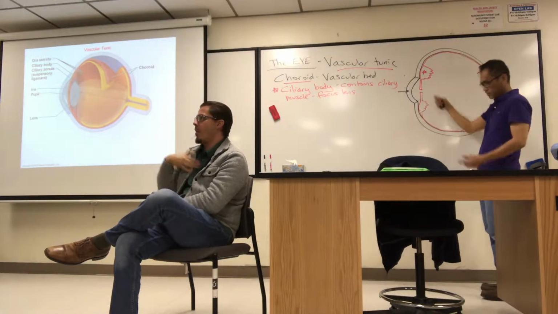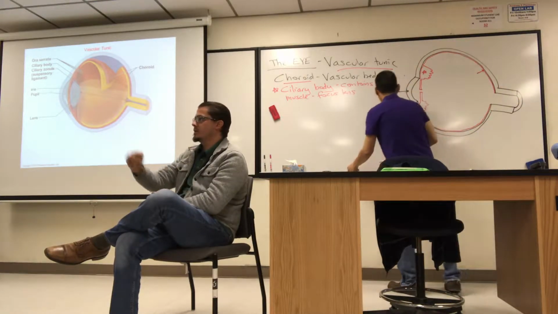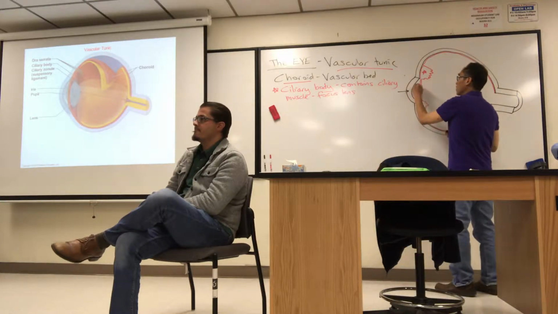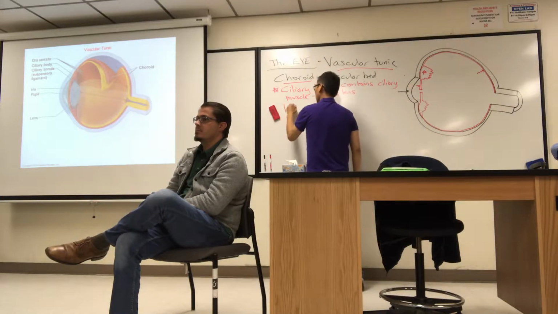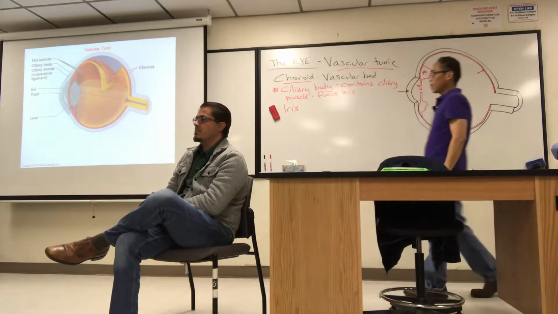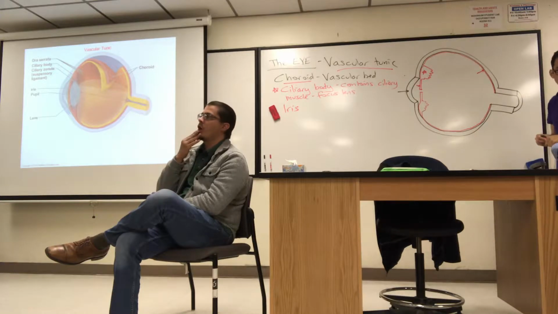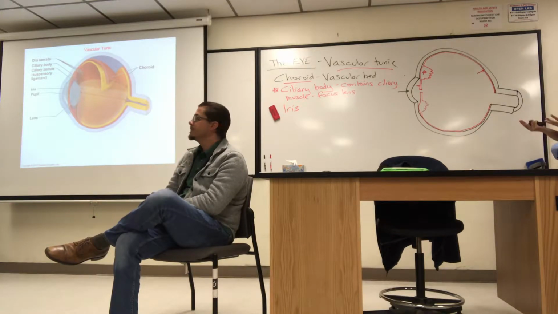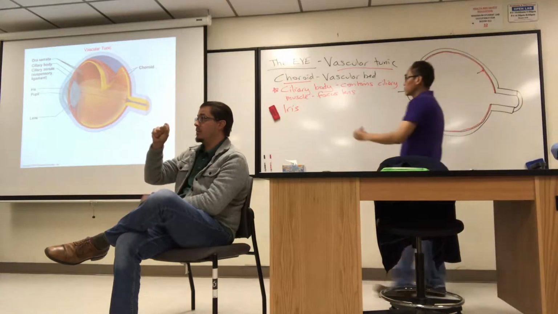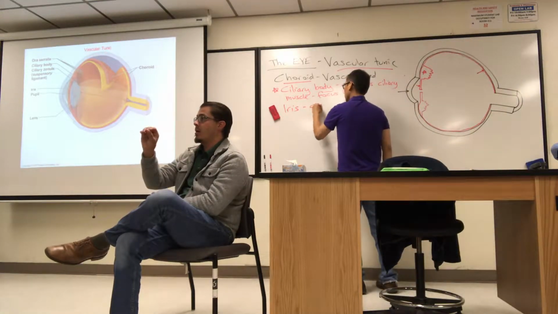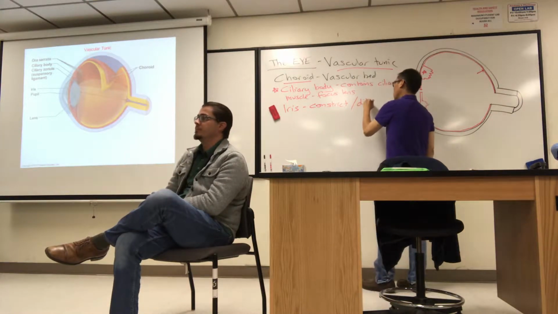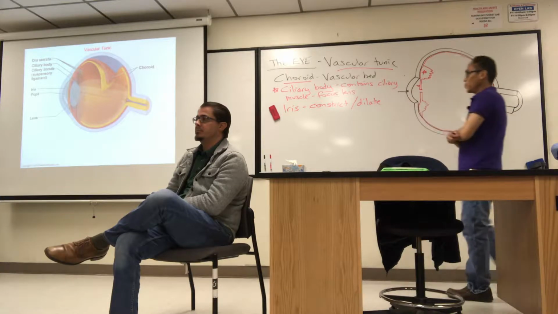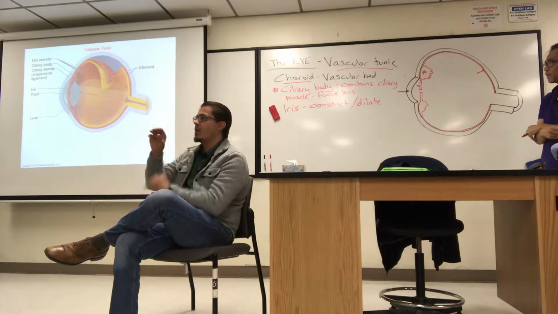This part here is the iris, right there. Colorful iris. Okay. We said that the iris can constrict or dilate. And I taught you the sympathetic, parasympathetic function.